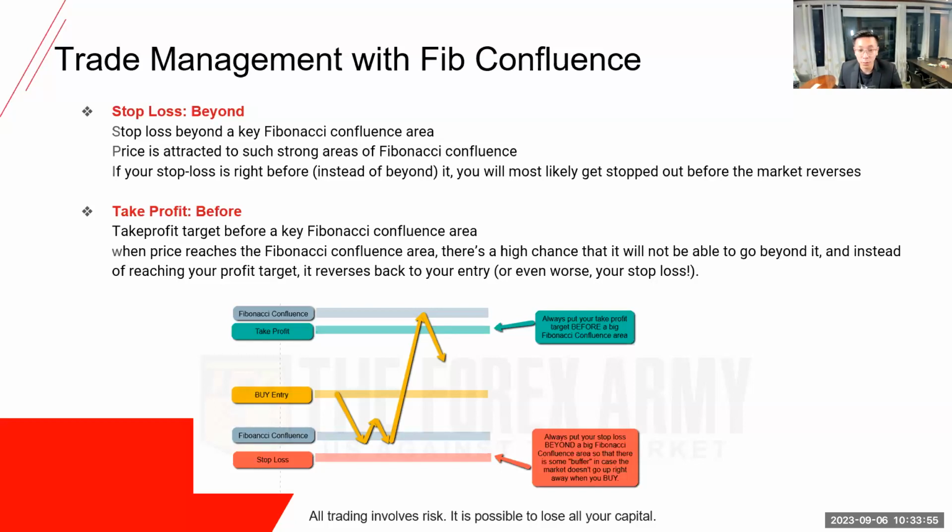For take profit, very simple: take profit target before a key Fib confluence area, because when price reaches the Fibonacci area, there's a high chance that you will not be able to go beyond it, and instead of reaching your profit target, it reverses back to, even worse, your stop loss.